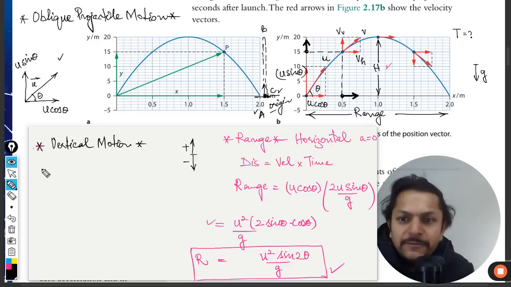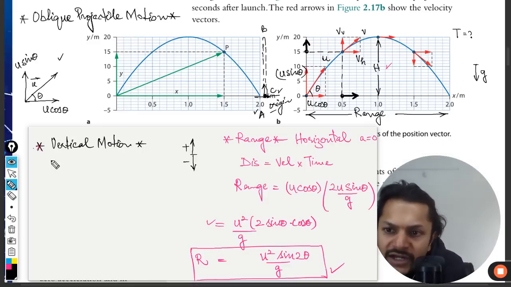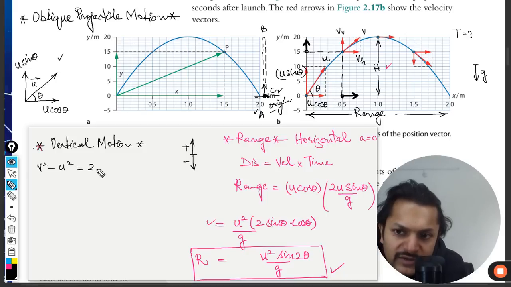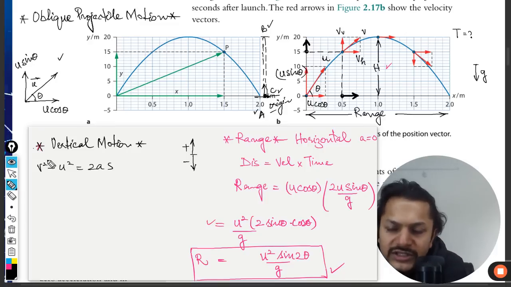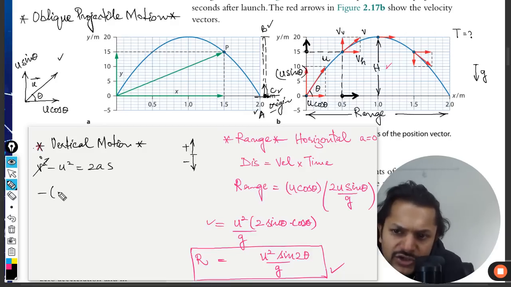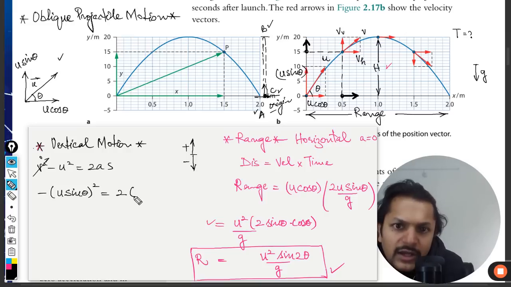But anyways, let us see. So in the vertical motion, I am going to apply v square minus u square is equal to 2as, because from A to B, at B, the final velocity is going to become 0. So this will be 0. U square is u sine theta square.